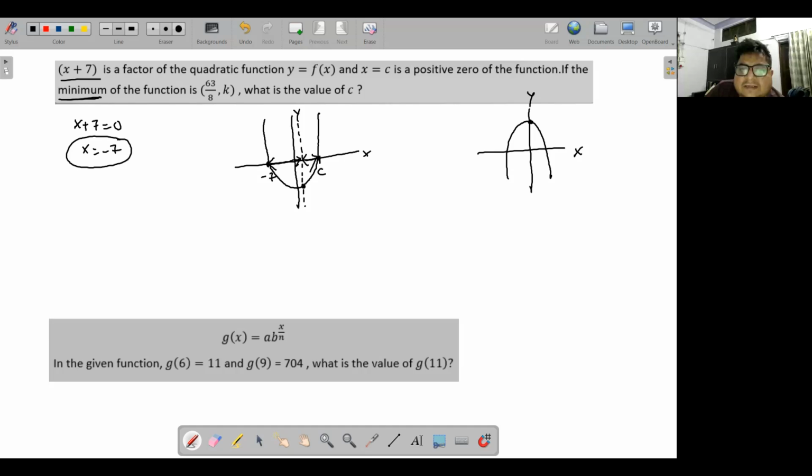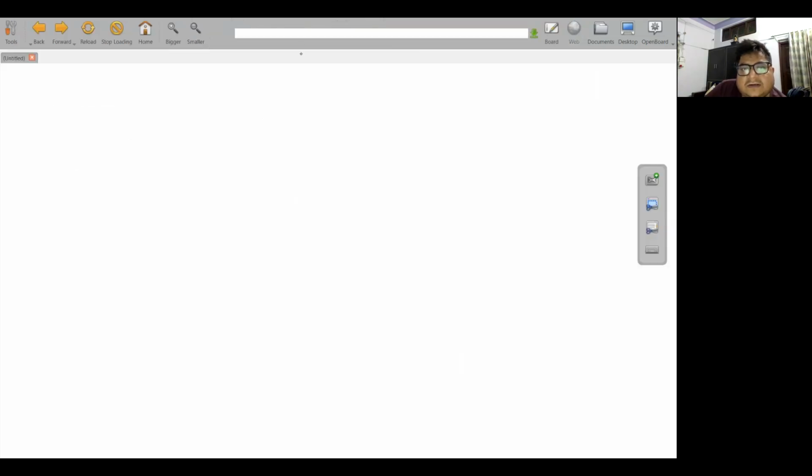So let's say this point P behaves like a midpoint. If that behaves like a midpoint, it means this axis of symmetry is always x equals 63 by 8. Now I'm using the Desmos screen to do the calculation part.